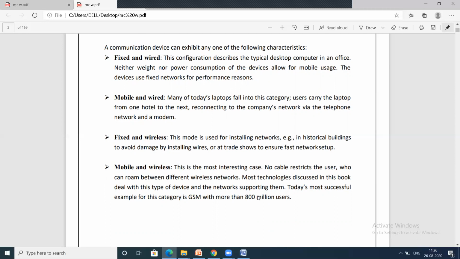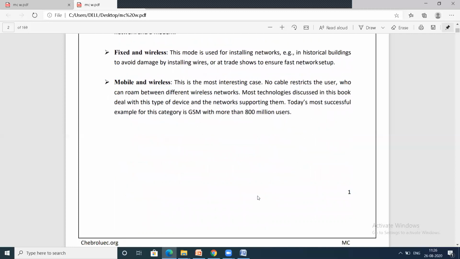First one is fixed and wired. The example is a desktop computer. The second one is mobile and wired. The example is a laptop computer. Next, fixed and wireless. For example, we may use this type of service at historical buildings. Last one, mobile and wireless. Examples are our mobile devices and mobile phones.